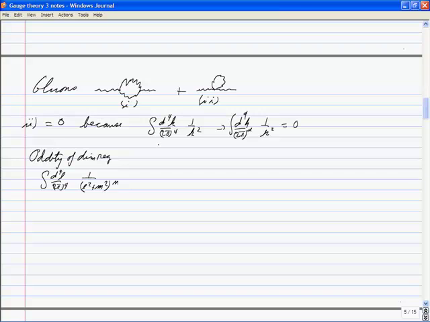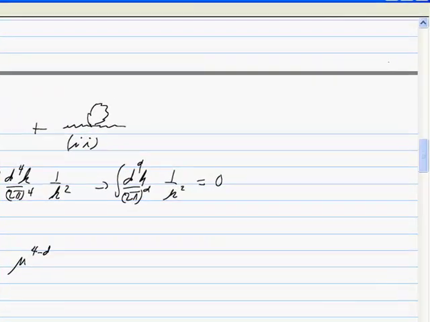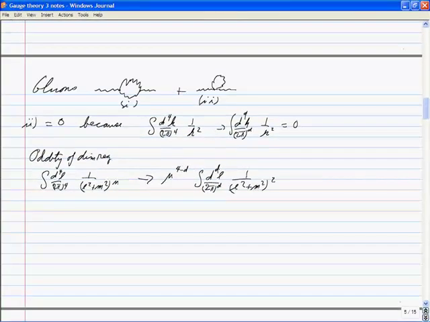This turns into mu to the 4 minus d times the integral d^d L over 2 pi to the d of 1 over (L squared plus M squared) to the n.